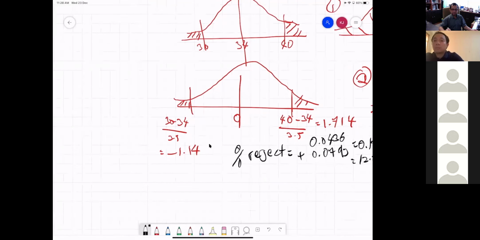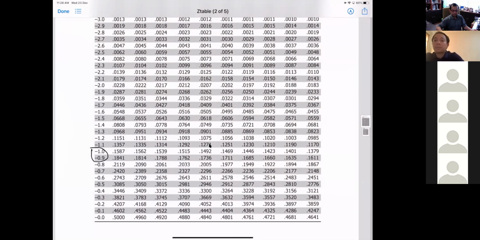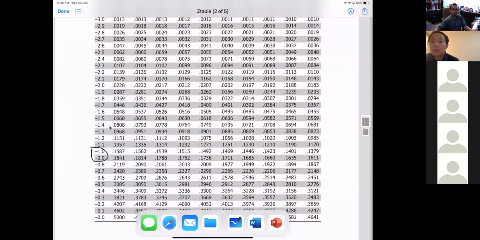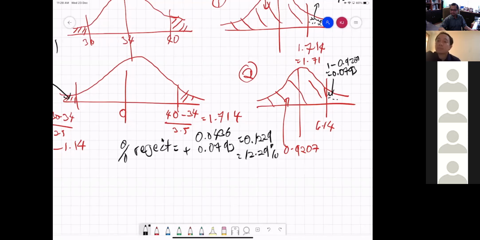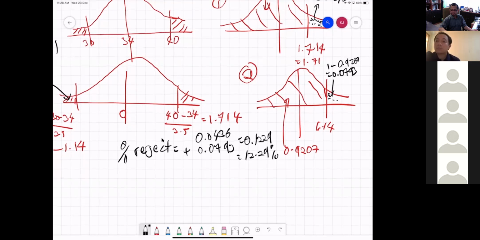So the area for this one is 0.1271. So it's almost the same.